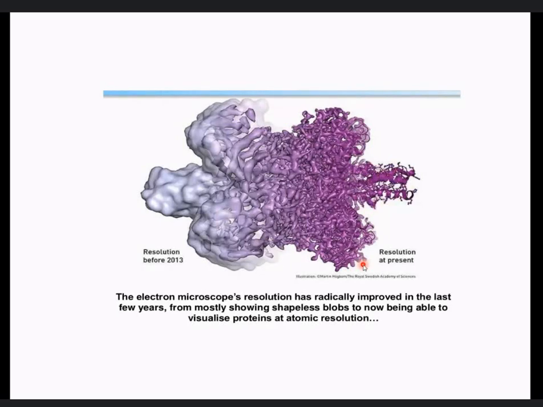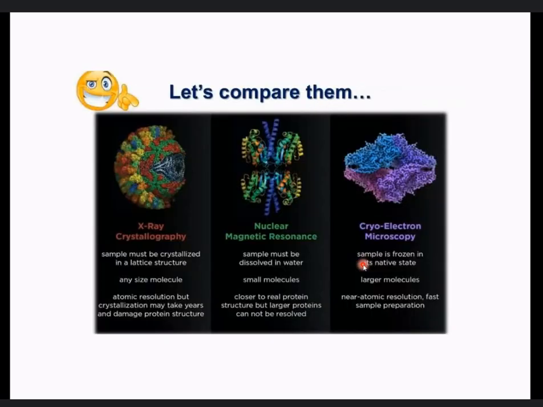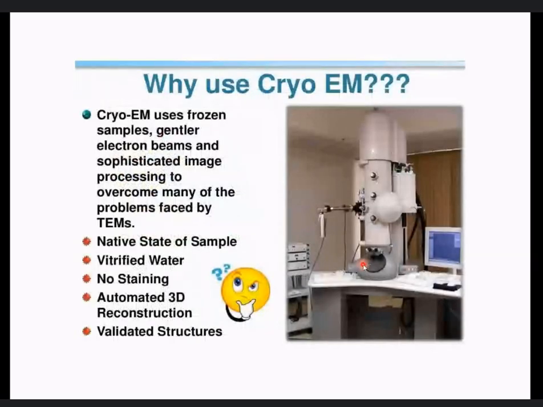And a lot of laboratories are doing this. And this is the apparatus. I'm not going into details of this. For cryo-EM, you have vitrified solution, water maybe, and then you freeze the sample very quickly and then get the microscopy done.